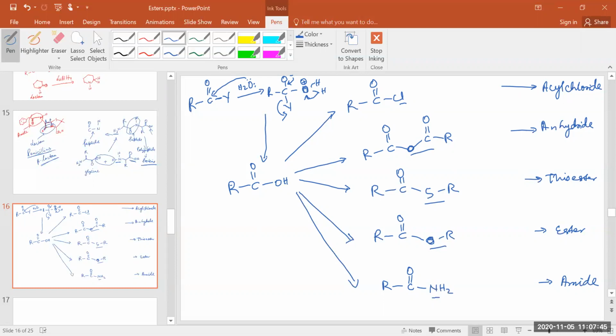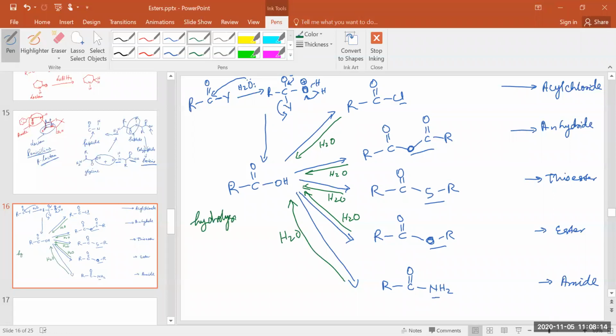It will form acid. If you react all of these with water, you will come back to the acid. This is the parent compound, and this is called hydrolysis.